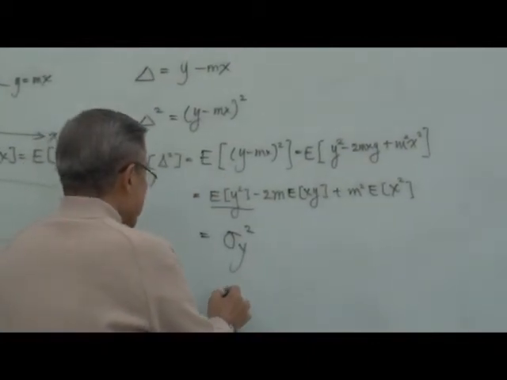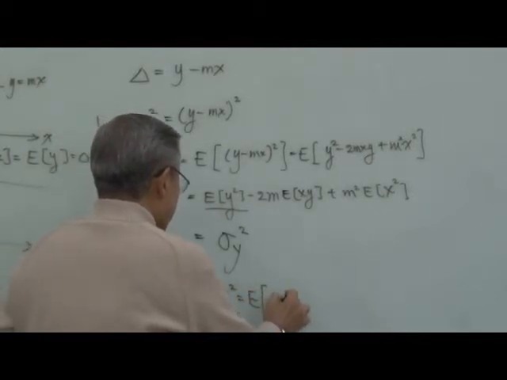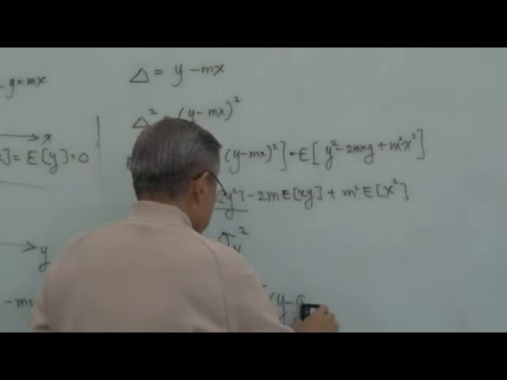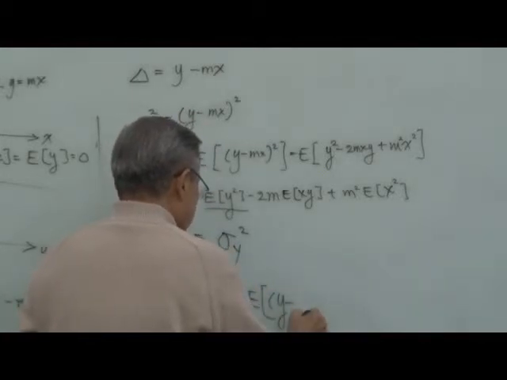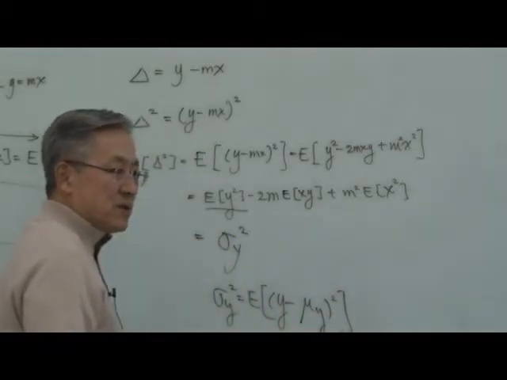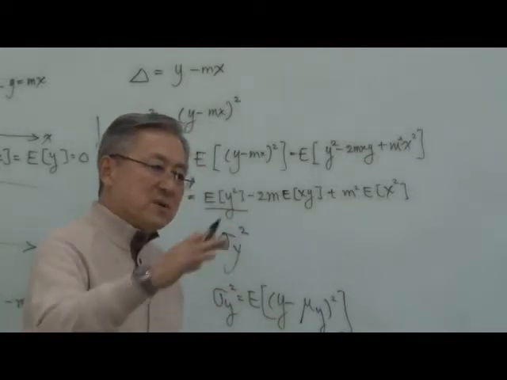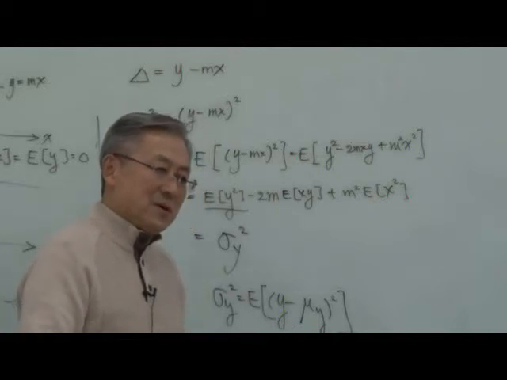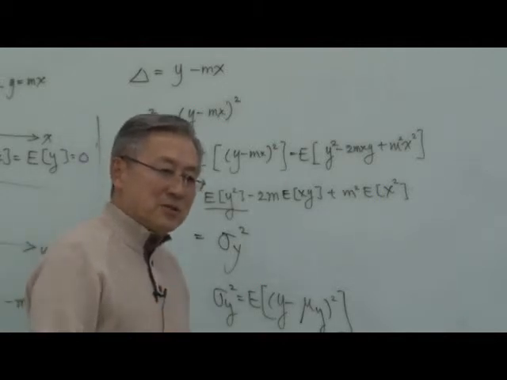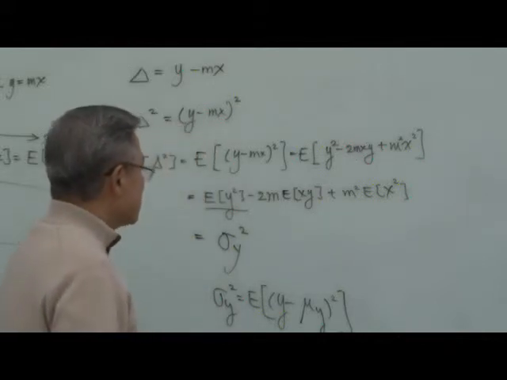So sigma y squared is equal to E of y minus mean y squared. I decided that we'll write a little bit more because later part is really confusing. So I'll slowly step out, then you can fairly catch up. Then there will be no confusions, okay?